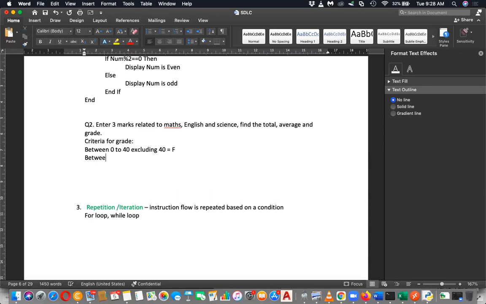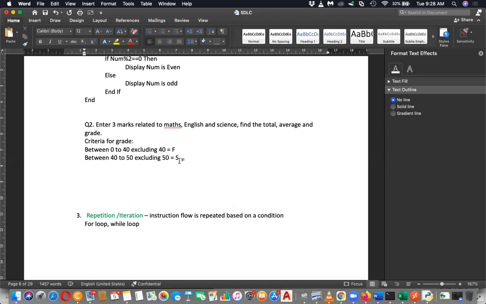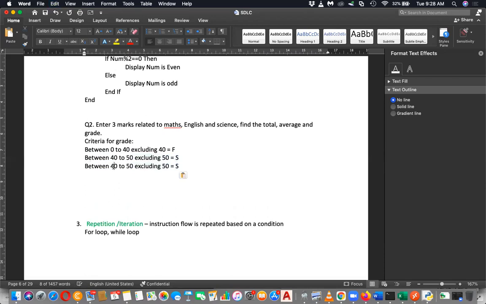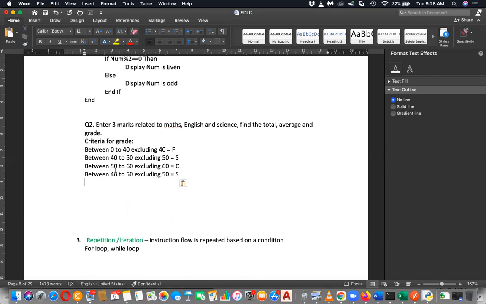Between 40 to 50, excluding 50, it is a simple pass. If it is between 50 to 60, excluding 60, it is a C pass. And if it is between 60 to 70, excluding 70, it is a B pass.